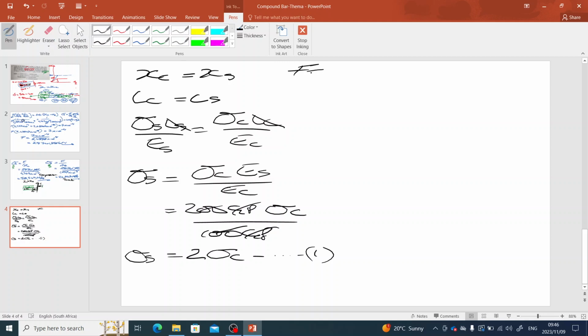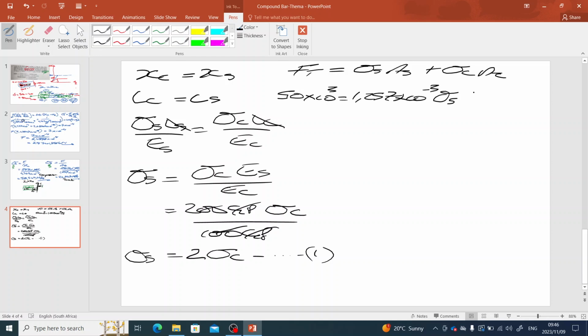I have force total, which is given, it is 50 equals stress steel area steel plus stress copper area copper. Do we have the values of areas? Yes, we do have. I'm given 50 times 10 to the power 3 equals area 1,257 times 10 to the power negative 3 area steel plus the area for copper. We did calculate it.